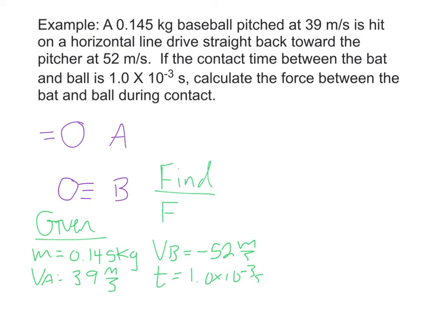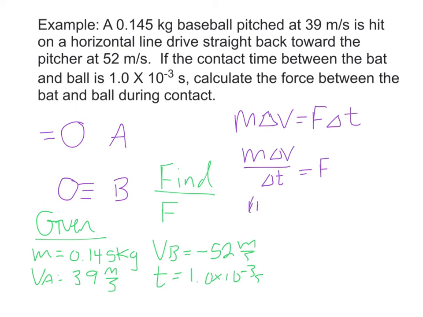It doesn't mention anything about impulse, but we know from the impulse equations that m delta v, so change in momentum, is equal to F delta t. We have time, we have mass, we have two velocities. So rearranging this equation, m delta v over delta t equals the force.